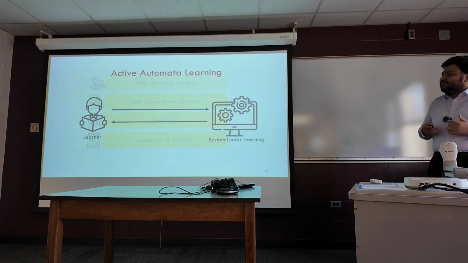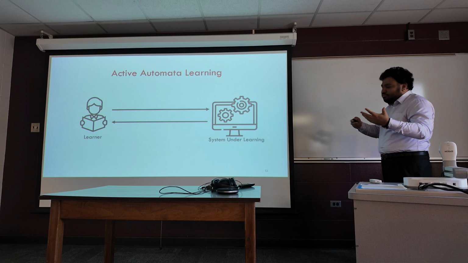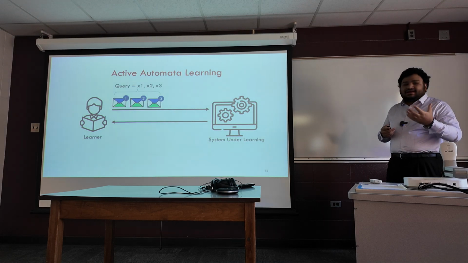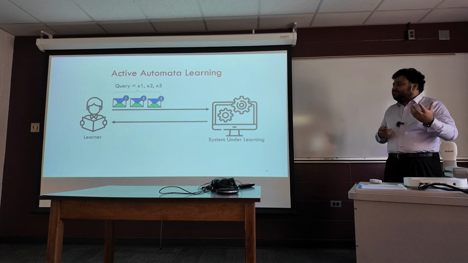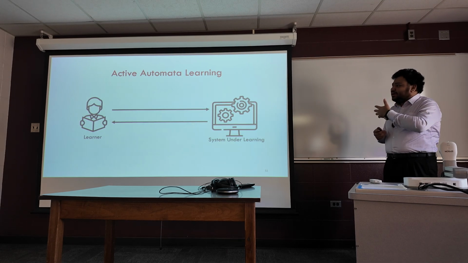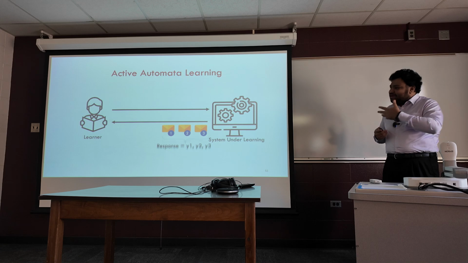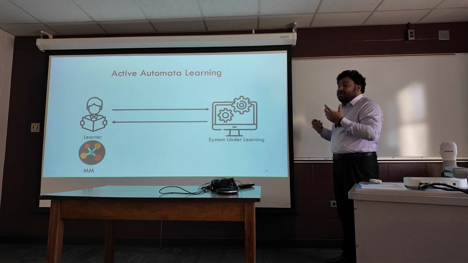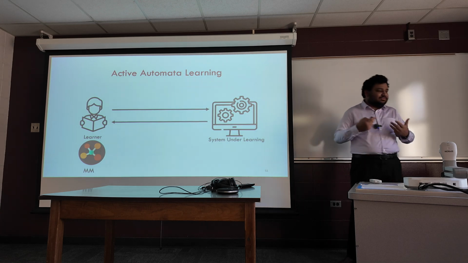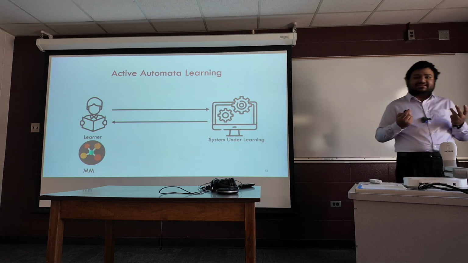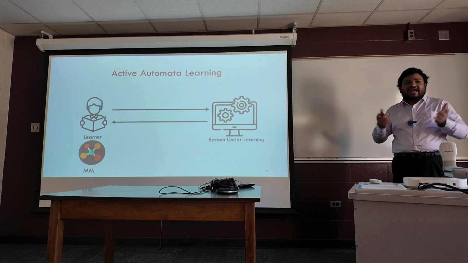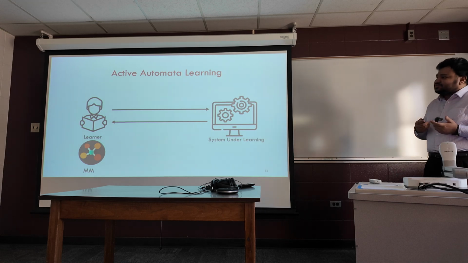So for this FSM inference module, the idea, as I mentioned, is active automata learning, where the learner, which is a module or a piece of software, sends a bunch of queries, which are packets. And based on the responses, it creates a formal model out of that. At least when I first read about it, I thought it was magic, right? Because you send certain messages, you get the response, and you say, I got a model. But life is not so straightforward.